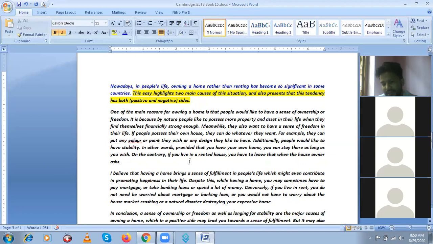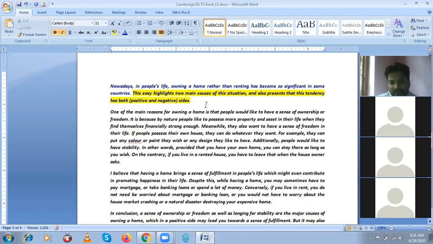Another sentence is also complex. So these two sentences are complex. One sentence consists of 17 words, and another consists of 21 words.